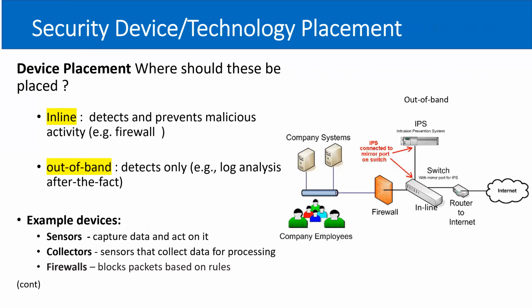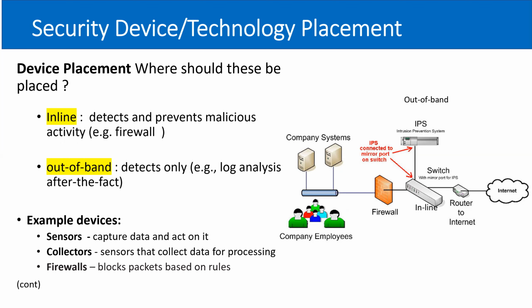Okay. I think this is one of the final things we'll get to. As we talked about these various devices like firewalls and various other technologies we can use to control the network, one concept that comes up is what do we put in line on the network path and what is out of bounds. So inline is something that sits right in the middle of the network and it's reading the data, the network packet headers that are coming across and making a decision to let it go through or not.